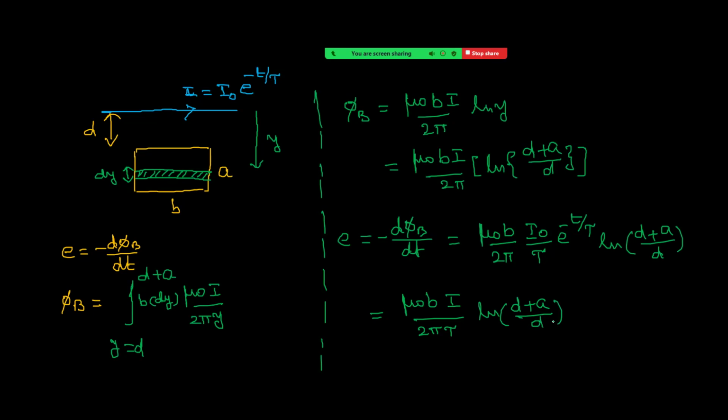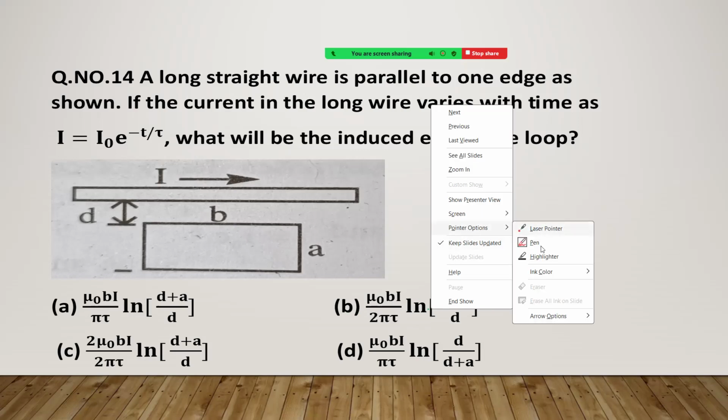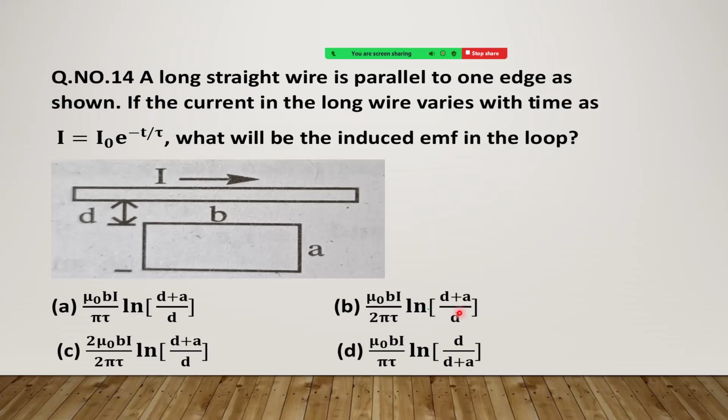So this is our final answer. See the options. Which option is matching? Mu naught b I by 2 pi tau. This option B matches. Right? Option B is the correct one. Let us see the next problem.